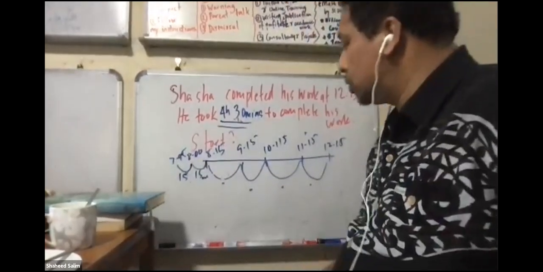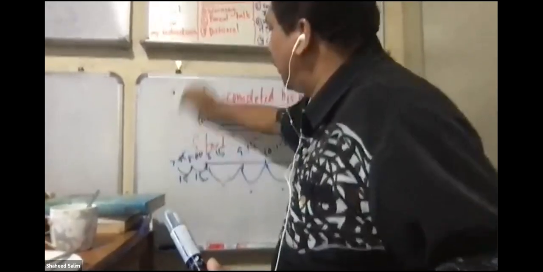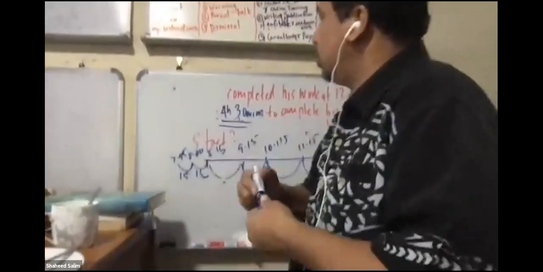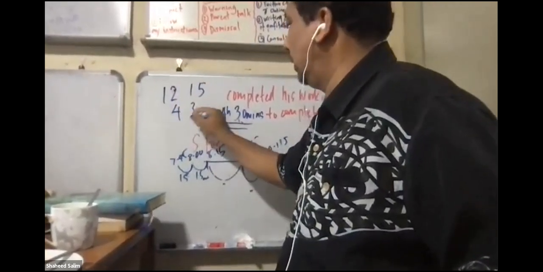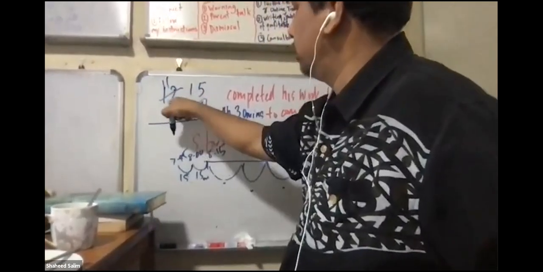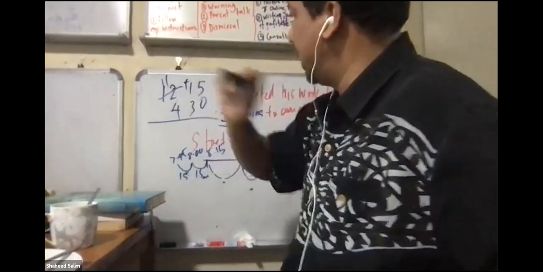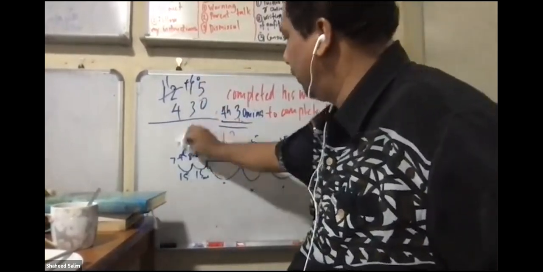In fact, you can also do another method. There are so many methods to do. 4.5 hours, very simple. They say 12:15 minus 4:30. Borrow an hour, it becomes 11 hours left. From 12 becomes 11. You must plus 60, not 100. 60 plus 15 is 75.